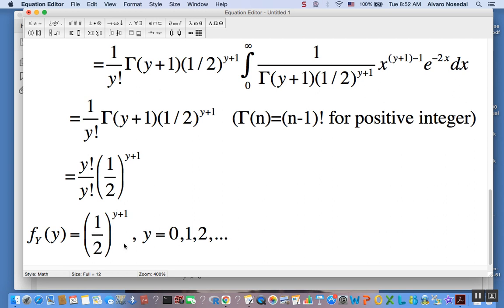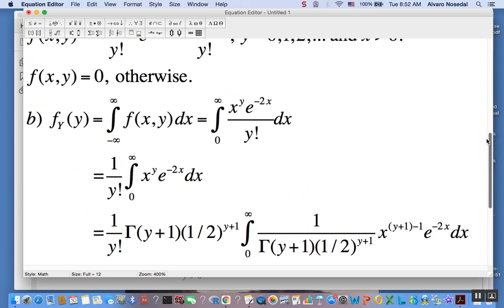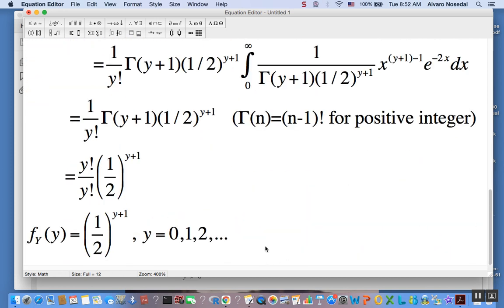That's just 1/2. The next one would be 1/4, 1/8, and so on. That would be the sum of 1/2 plus 1/4 plus 1/8 plus 1/16, and so on. And we know that that series converges to 1, so we're good. That's a legit probability mass function. Okay, so that was part B. Let's do part C.